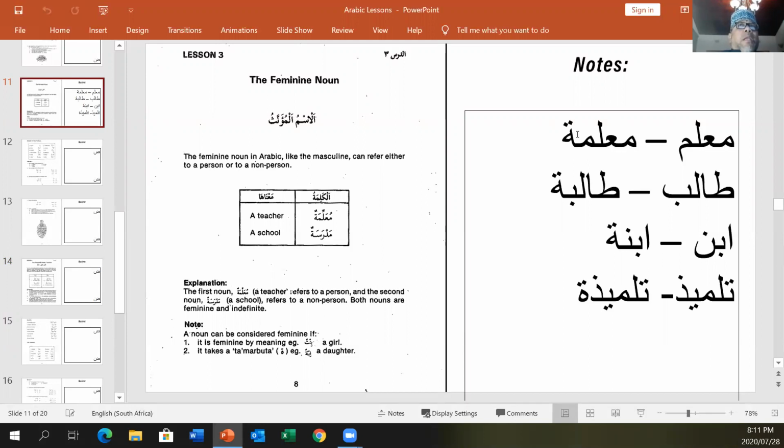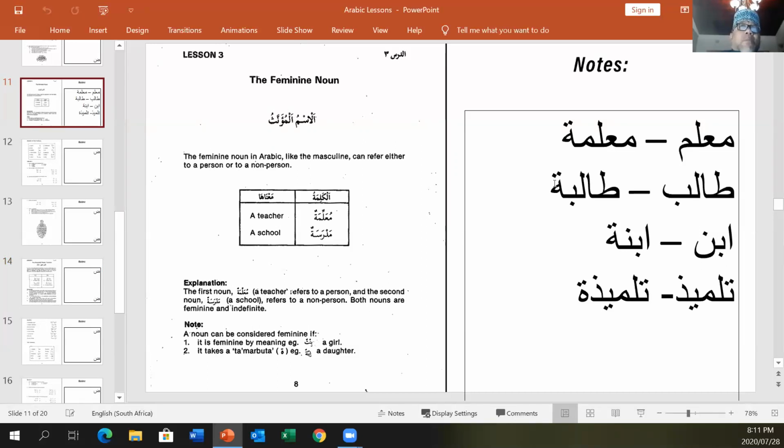Which means that last mim, which had the tanween, now changes to a sound, and it becomes mu'allimatun. Then we had another example, talibun. Talibun is a student, but the feminine version becomes talibatun. Once again, importantly, your root will stay the same.